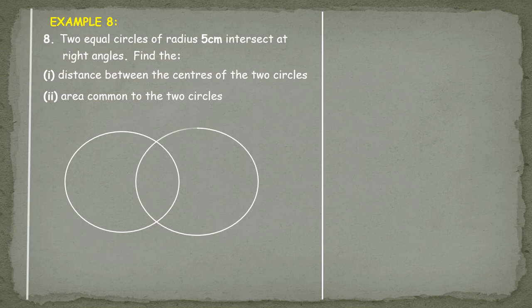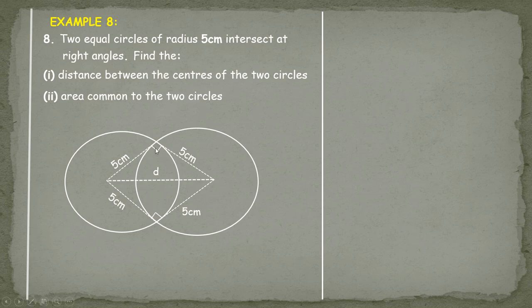There are two circles here of radius 5 and also 5. They intersect, and the radii will make an angle of 90 degrees. Find the distance between the centers of the two circles.